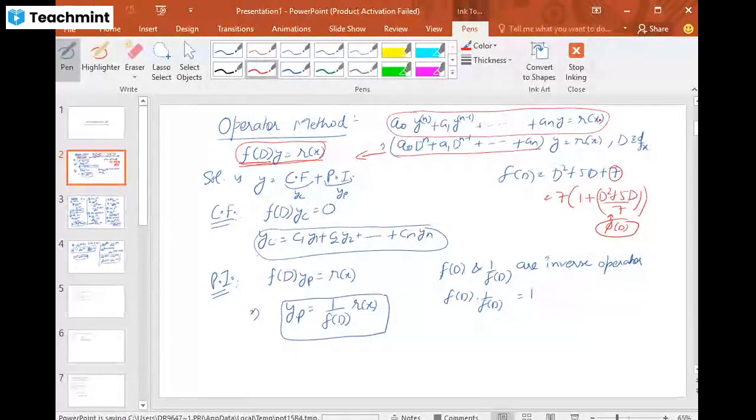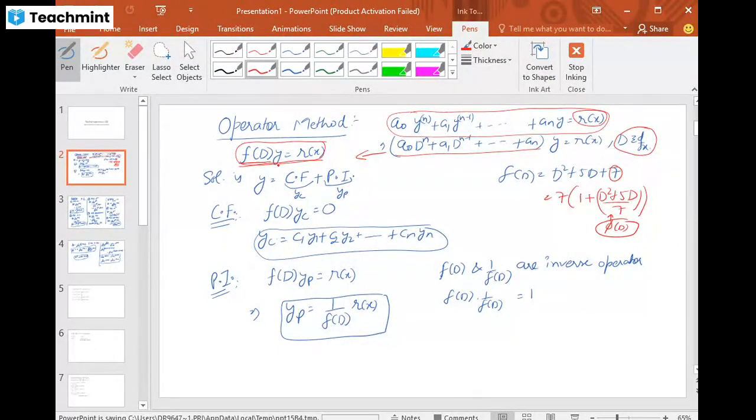Here R(x) is the non-homogeneous part of the differential equation. When we express this equation in operator form, we replace the nth order derivative with D to the power n, the (n-1)th order derivative with D to the power n-1, and so on, where D represents the differential operator d/dx.